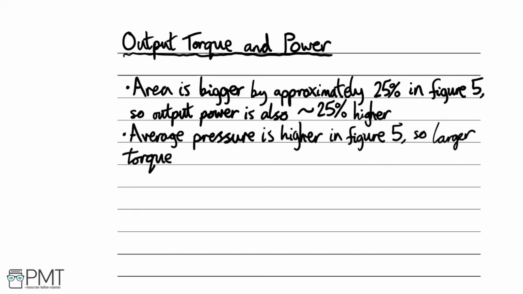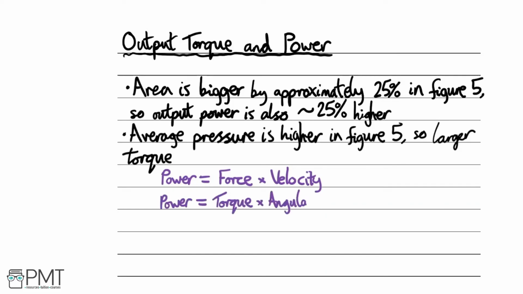Now thinking about equations for power, if we first of all say that power is equal to force times velocity, that's not the equation that we're going to need, but it's the one that we can use to get to the equation that we will need. That's the linear equivalent. Let's write down the angular equivalent. So torque being the angular equivalent of force, and angular velocity being the angular equivalent of linear velocity.